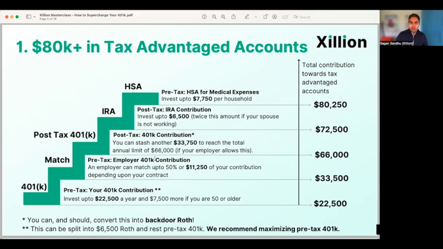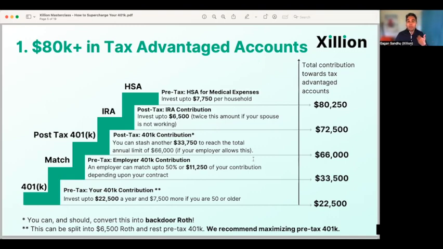That's just the employer's contribution. Also, if your employer allows, you can put in up to $66,000, which is the federal government maximum allowance for all 401k contributions, minus everything that you and your employer contribute. You can contribute that amount into a post-tax 401k.